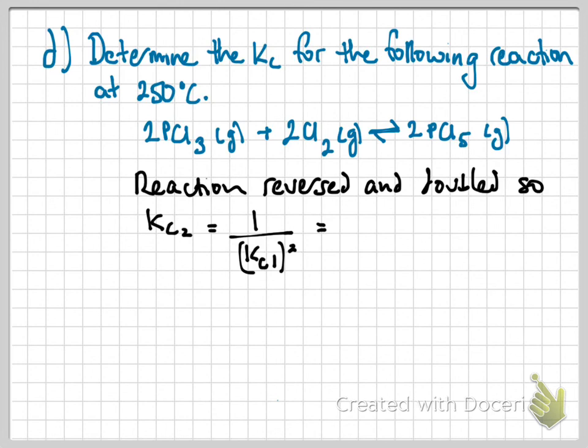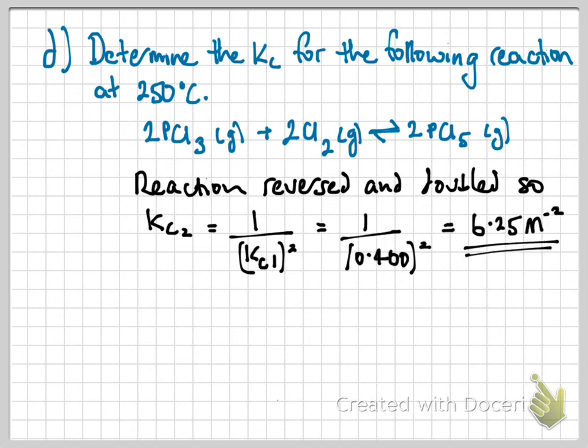So the new Kc value is the reciprocal of the squared value of the old Kc, i.e. 0.4, remember? And it's 0.625. Note the change in units, so you have to be really careful of the units. Thank you. This is the end of this video.